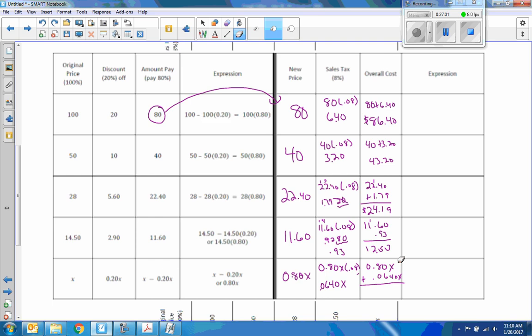I have to line up the x's. So this x should be right here, so it's going to end up with just bringing down the x when we're adding.